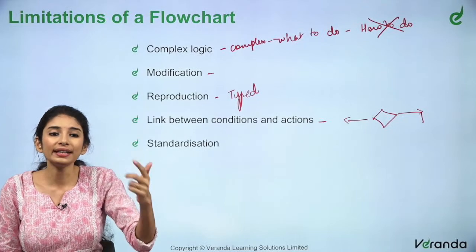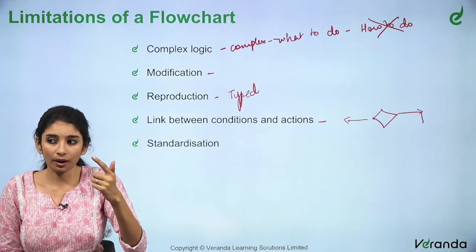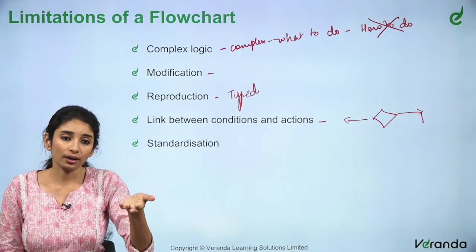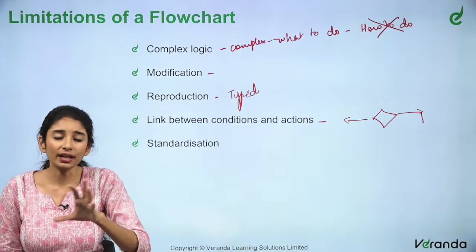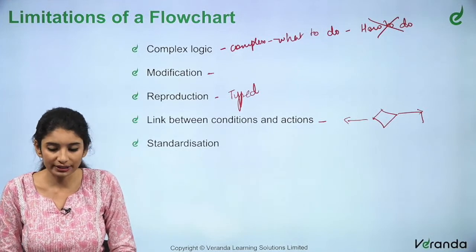If you have too many criteria, in case it's a man, then you give 25%; in case it's a person aged below 25, then you give 3% extra. With so many conditions, it becomes very difficult to frame the link between conditions and actions.